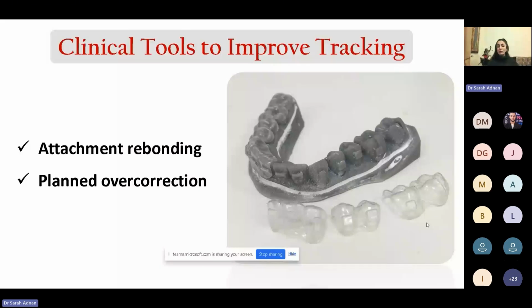So sometimes we see in the tracking video that the tooth is fitting perfectly in the aligner, but in the clinical case in front of you, it's not moving. There's 0.5 millimeter or 1 millimeter that needs to be moved further. This is, as we said, because aligners do not allow full expression of the planned tooth movement because of the flexibility of the material.